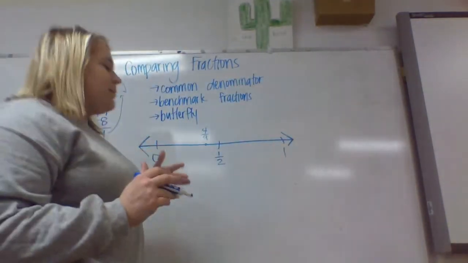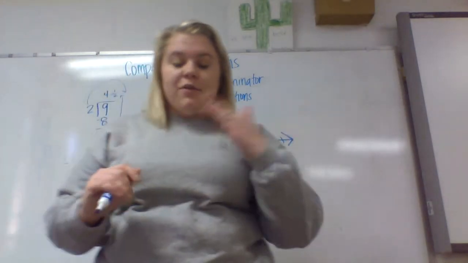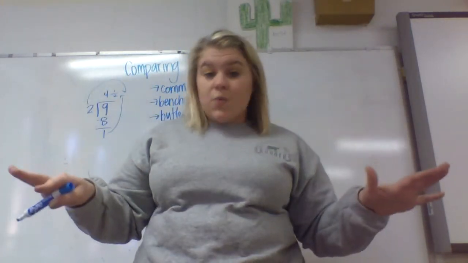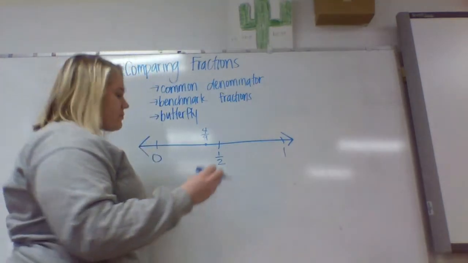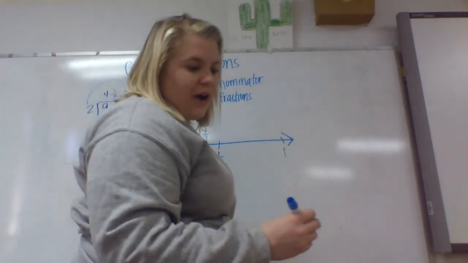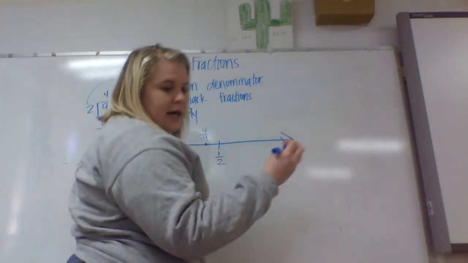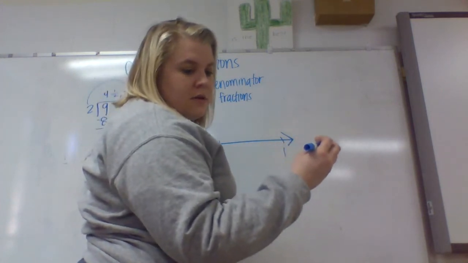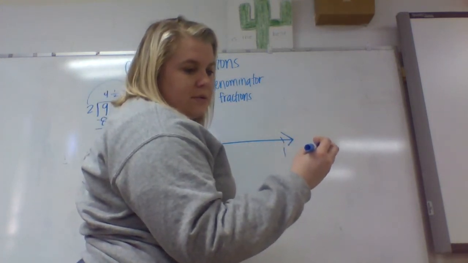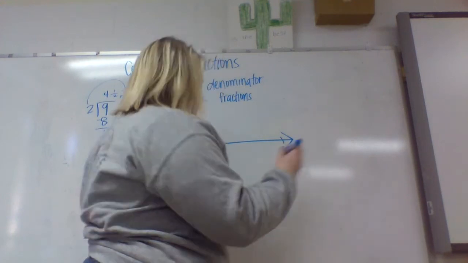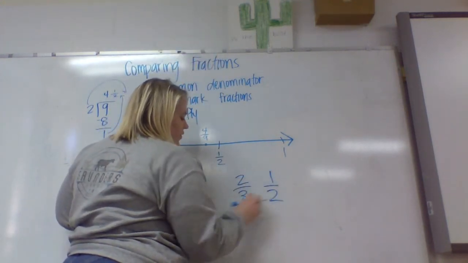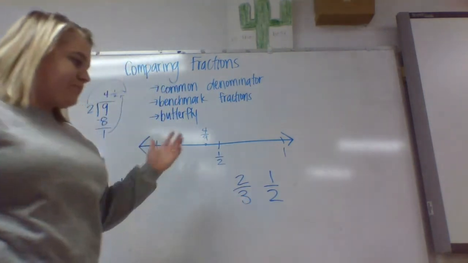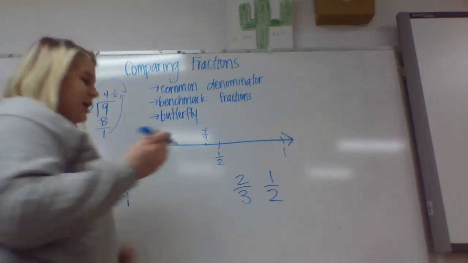The other way, our last way, which we did before Christmas, is the easiest way ever to compare fractions. It's butterfly. So if I give you the fractions 2/3 and 1/2, any two fractions I give you, to compare them, you butterfly them.